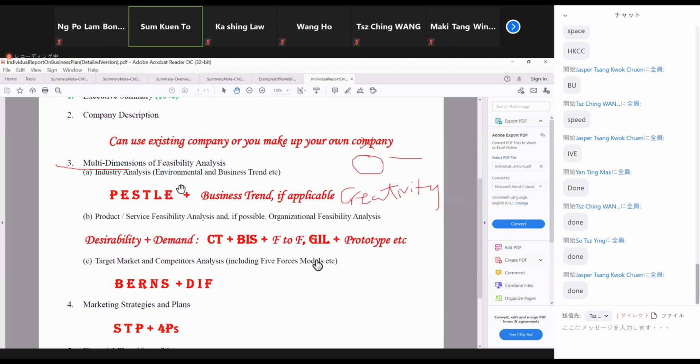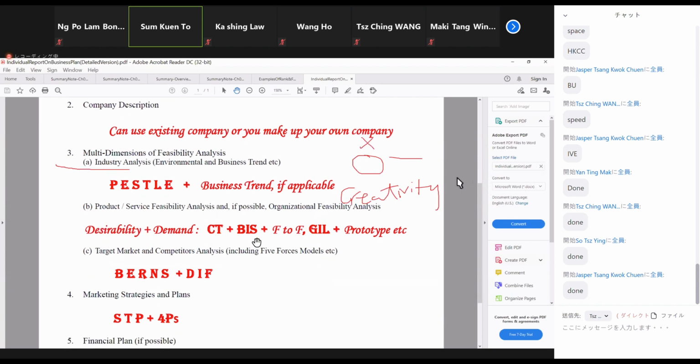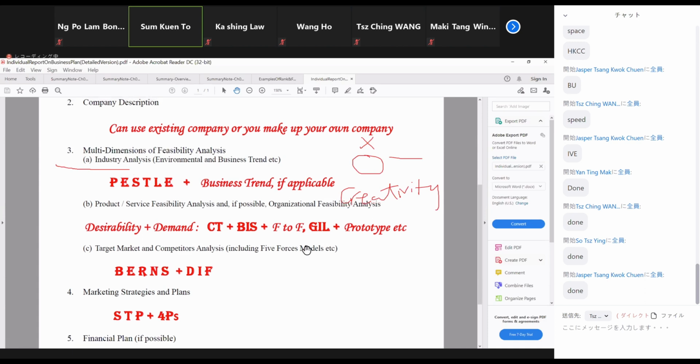If we cover the business presentation, embrace, informa, desirability, demand, concept test, BIS, face-to-face, GIL, prototype. Last week, this week, Burns, DIF, and marketing-wise, STP, 4P. So these are the important components in your business plan, all right? And you should have learned all this from chapter 3 to chapter 5.